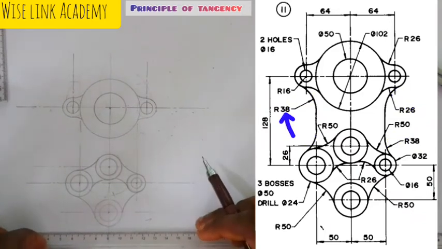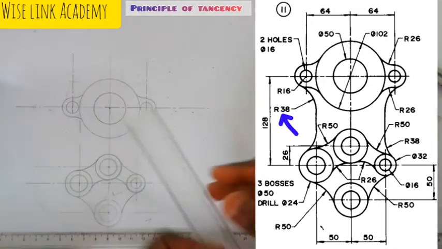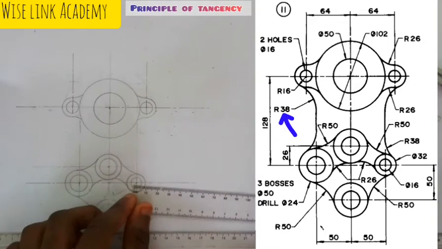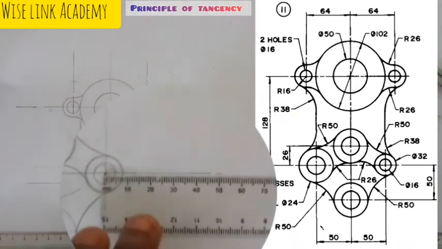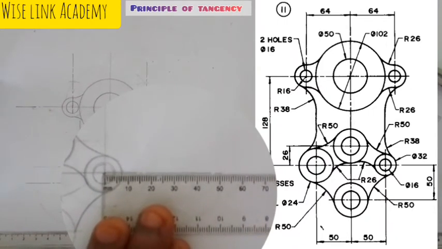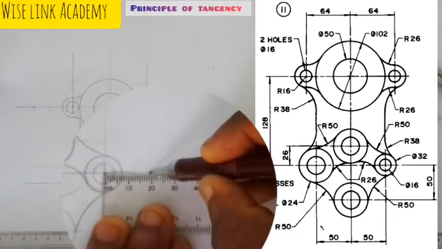So measure half of 38, which is 19. So I'm using 19. The first task now is take your 19 from this point here. So from this point here to this point is 19.